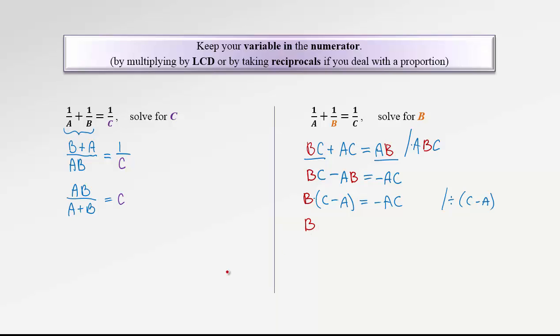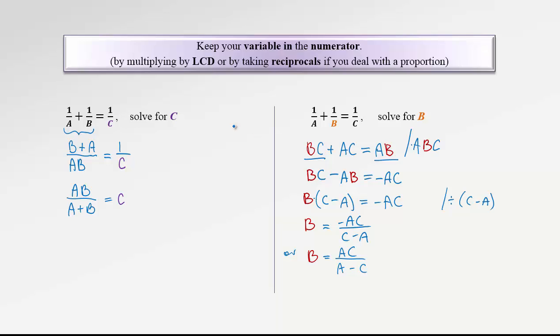Okay, we end up with b equals negative ac over c minus a, which is already good. Or we can rewrite this fraction equivalently by getting rid of this minus, putting this minus into the denominator. So b could be written as ac over, and then switch signs in the denominator, so a minus c.